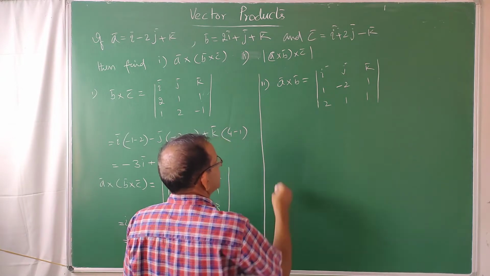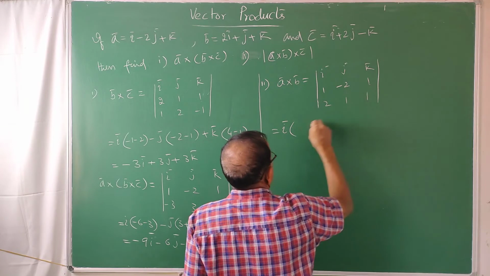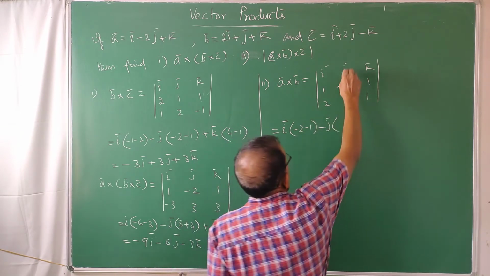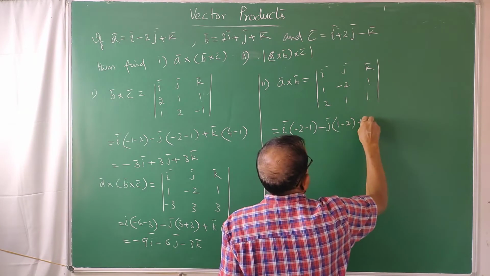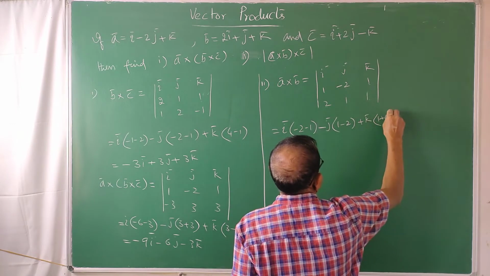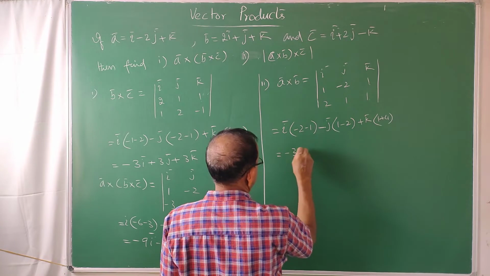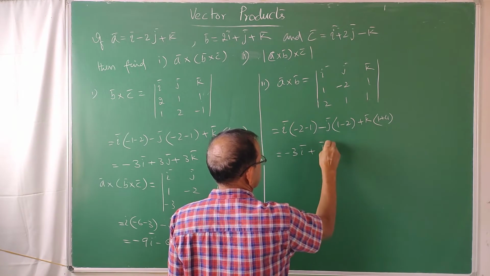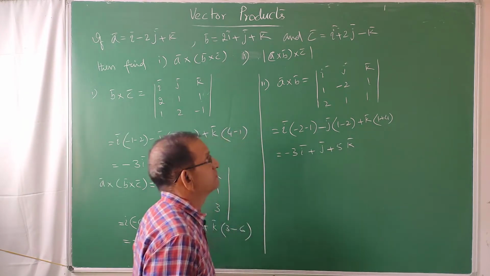If you expand it, i bar into minus 2 minus 1, minus j bar into 1 minus 2, plus k bar into 1 minus minus 4, 1 plus 4. So equal to minus 3 i bar, 1 minus 2 is minus 1, minus minus, plus j bar plus 5 k bar. This is a cross b.